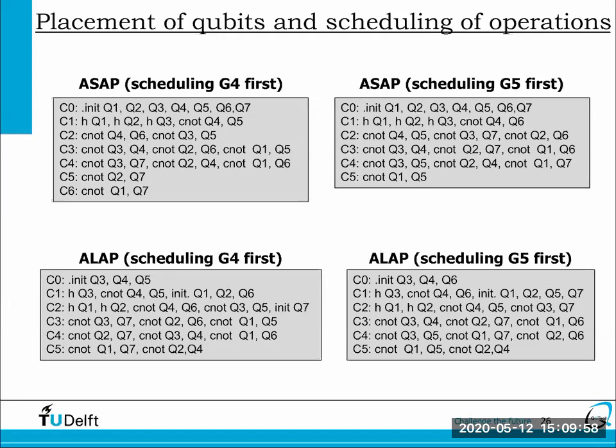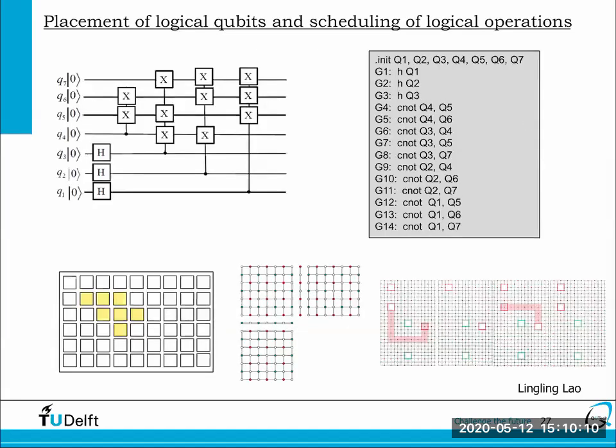So let's make things a bit more complicated. In the previous exercise with the scheduling, we considered just physical qubits. But now imagine that we have the same circuit, but instead of physical qubits, each of these qubits, Q1 to Q7 in the circuit, is a logical qubit, and they have been encoded using surface code. As I mentioned at the beginning of the lecture, there are two ways of encoding logical qubits in surface code.